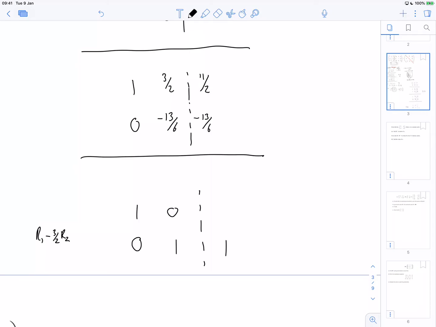So what is 11 halves minus 3 halves? That's just going to be 8 halves, which is 4. And now we can read off. The first thing, which was x, is going to be 4, and then the second variable y is going to be 1. And you can just read them off like that.